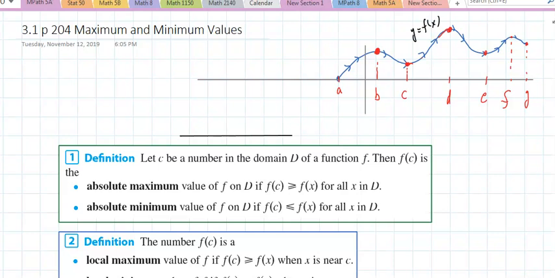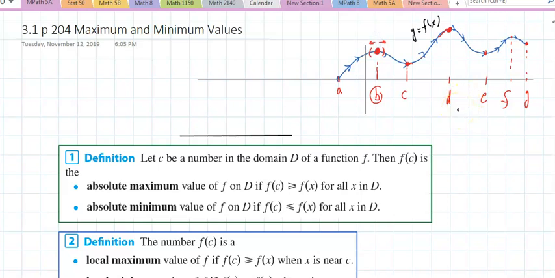So let's see how this works. I have all of these points. I'm walking left to right. As I walk from left to right, when I get to this point, if I look around by a small margin, a small tiny interval, do you see that I am at a peak? Meaning, if I move to the right, I'll be coming down. If I move to the left, I'll be coming down.